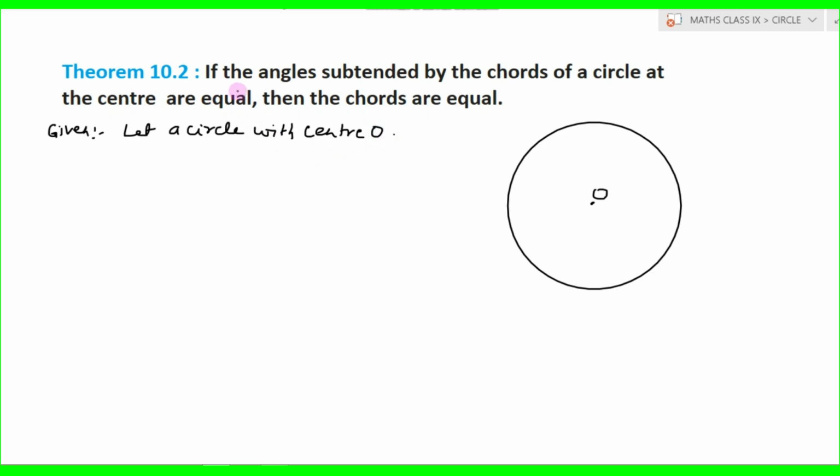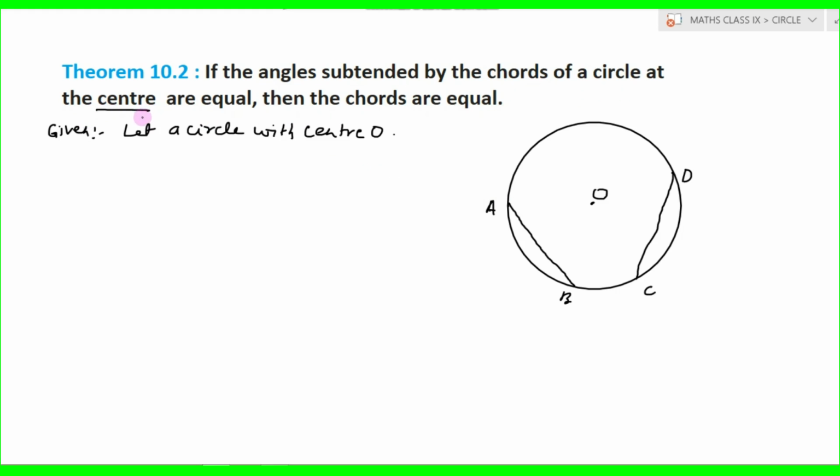And then what is given? See the statement of the theorem. The angle subtended by the chords of a circle. So we take two chords again. Let the chord be AB. One more chord is CD. So these are the two chords we have taken. The question is the angle subtended by the chords of a circle at the center.